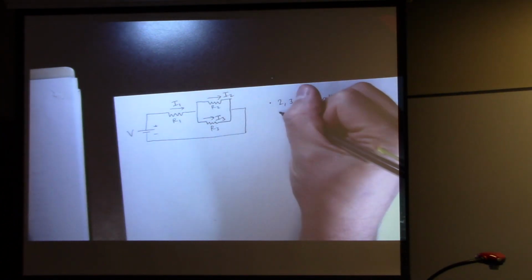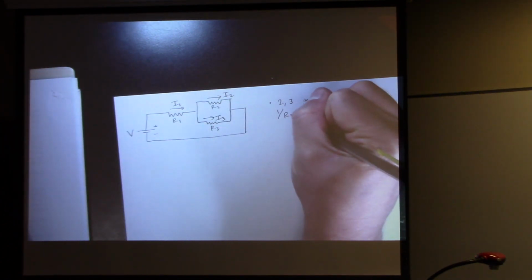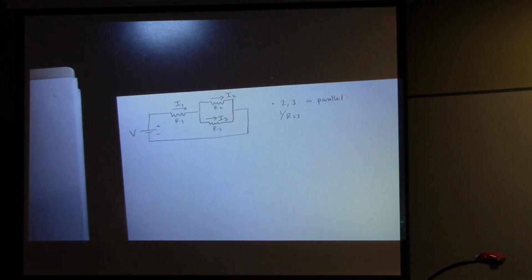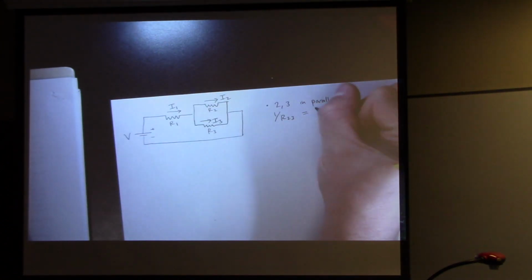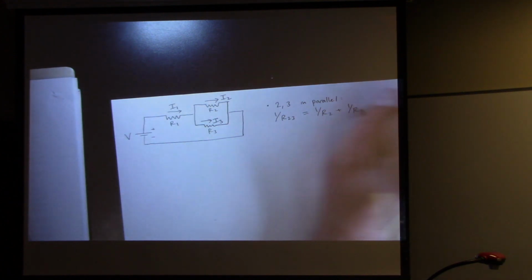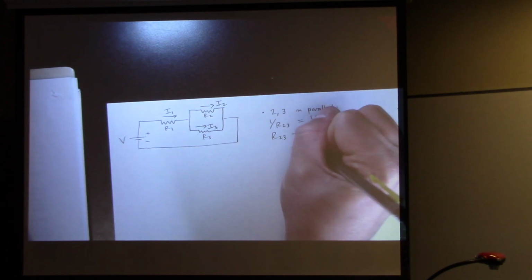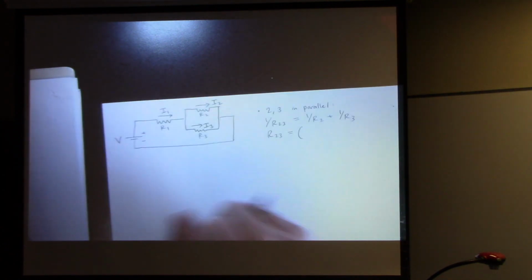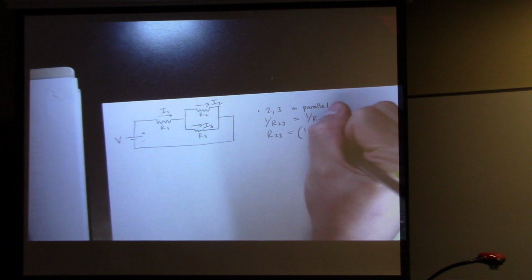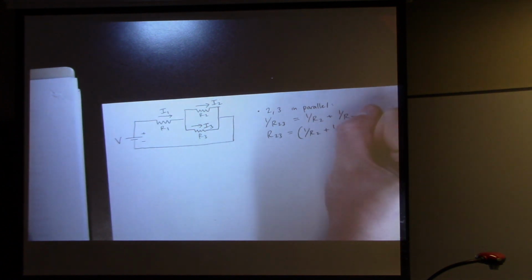And that means there's an equivalent resistance, let's call that R23. 1 over R23 is going to be 1 over R2 plus 1 over R3. And what we're solving for is R23. So invert both sides. That's going to be (1 over R2 plus 1 over R3) to the minus 1 power.